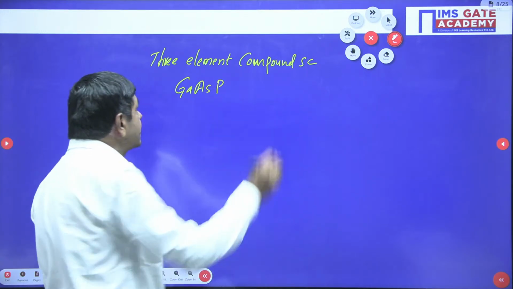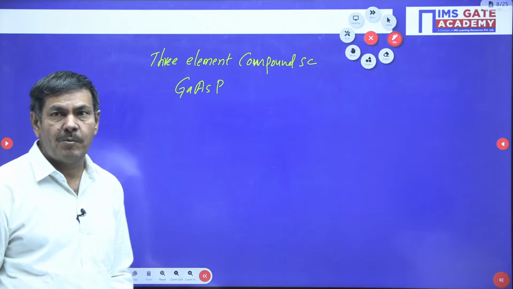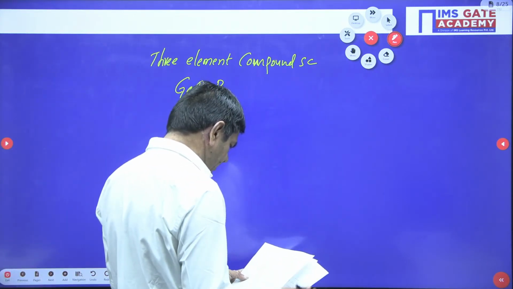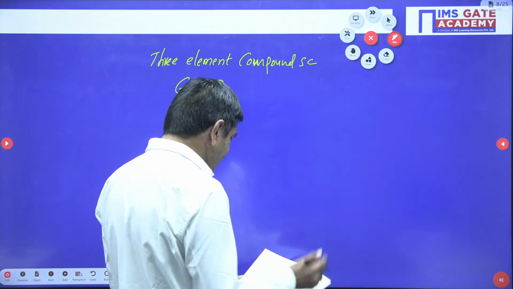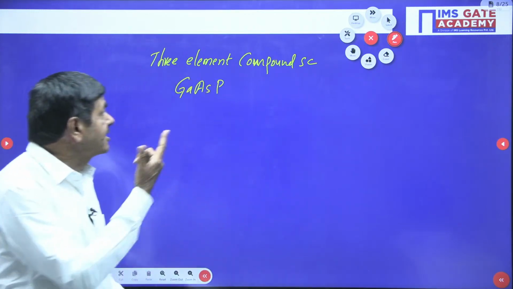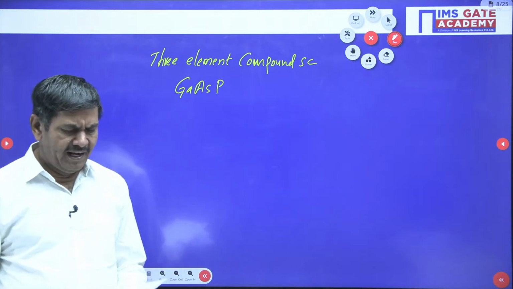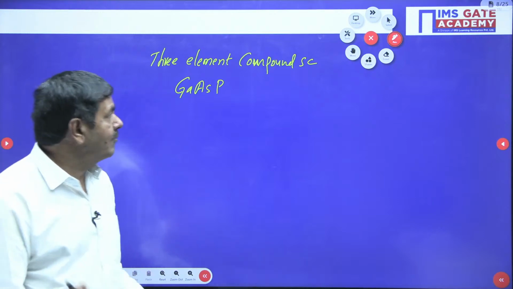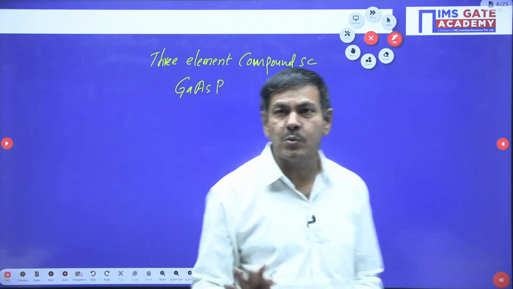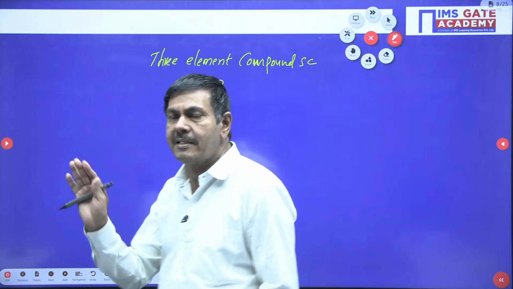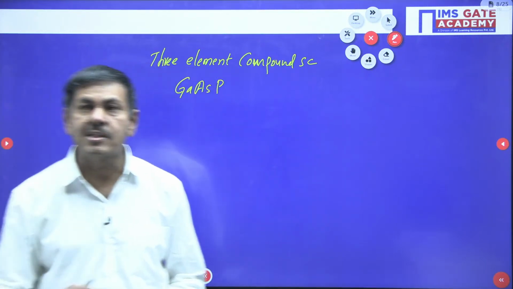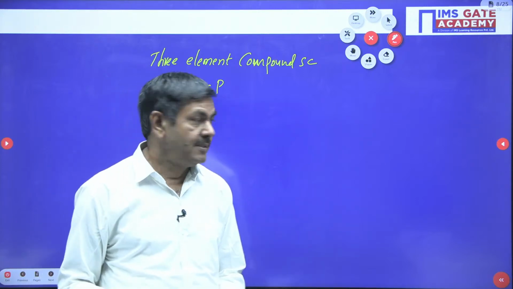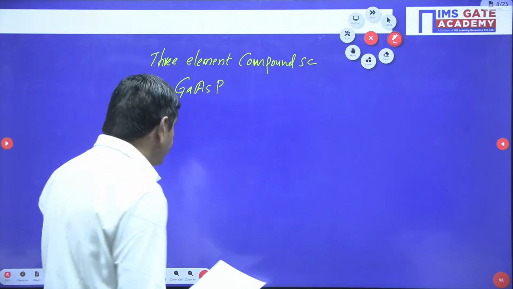These three elements combine to form this compound. One more example is indium gallium, and like that there are so many examples. One example is enough. Four element compounds are also possible. Anyhow, we are going to use elementary semiconductors only in our practical applications, and also binary compounds. Understand now, these are all the examples.